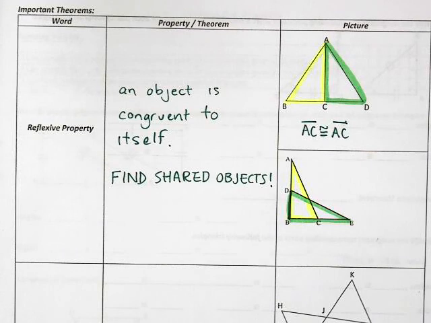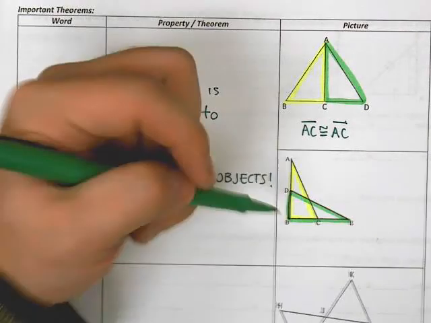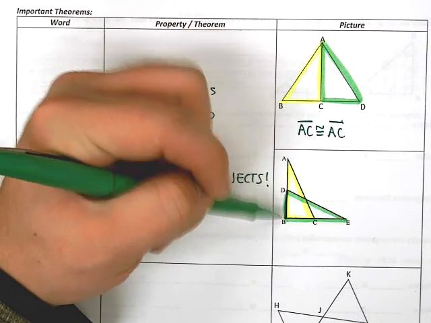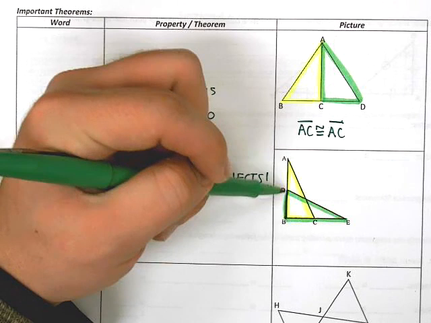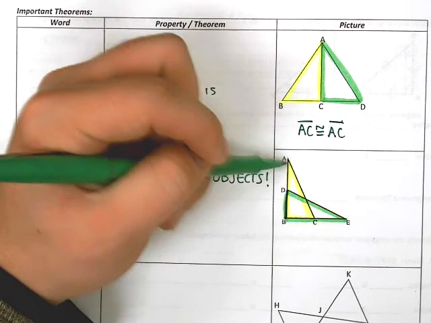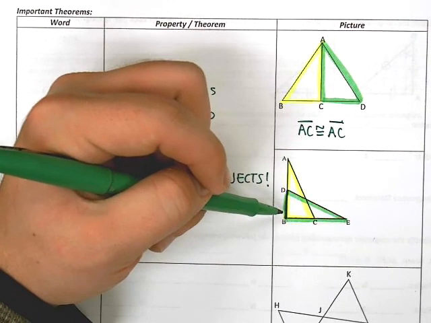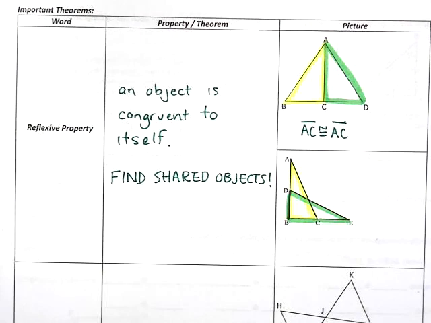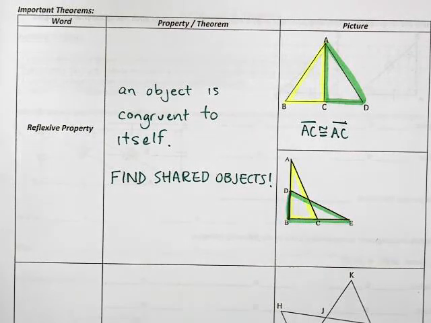I need something that's exactly the same in both pictures. Exactly the same. So like this DB right here, I wouldn't call that the same just because this DB has no bearing on my yellow triangle. All right? I want to find something that is the exact same in both triangles that I can say matches up so that you can use it in both triangles to say they're congruent.